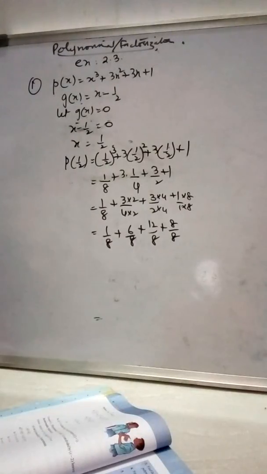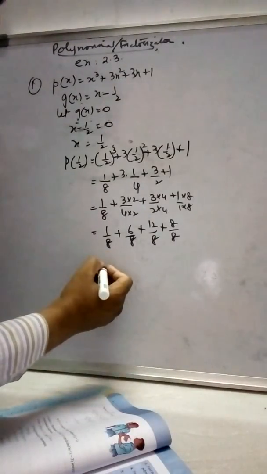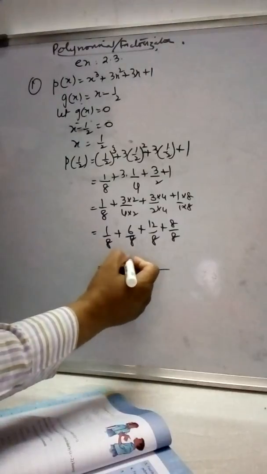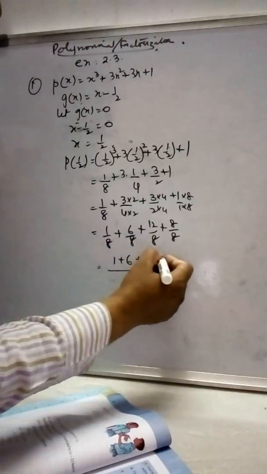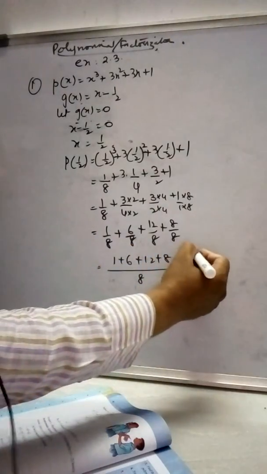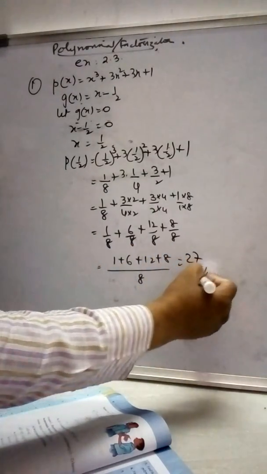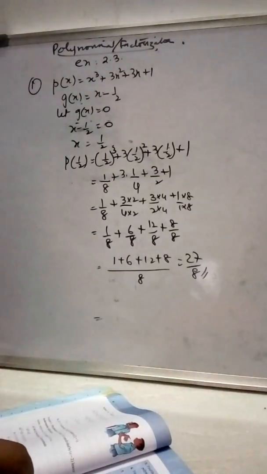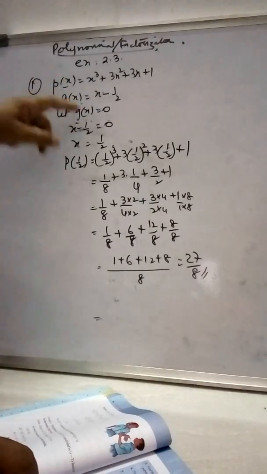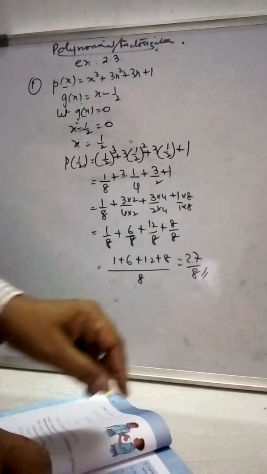So now all these are like fractions. So with the common denominator, the numerator is 1 plus 6 plus 12 plus 8, so 27 by 8. This is the answer. So the remainder when p of x is divided by g of x is 27 by 8.